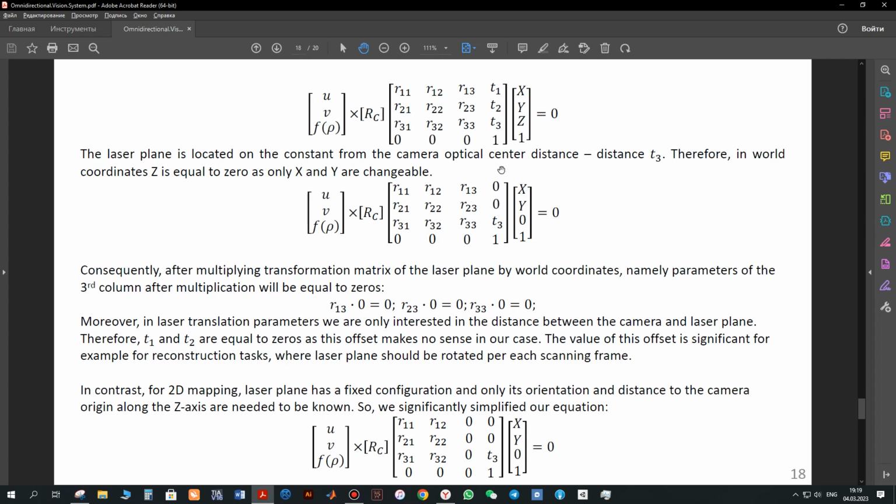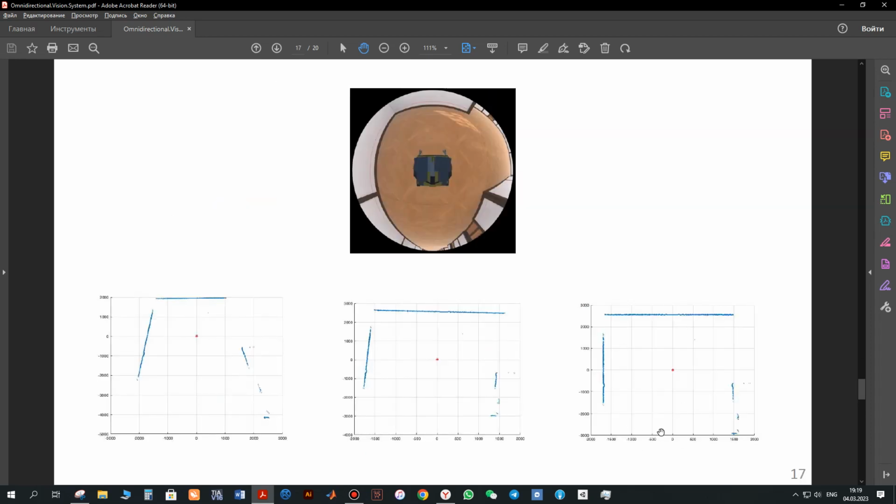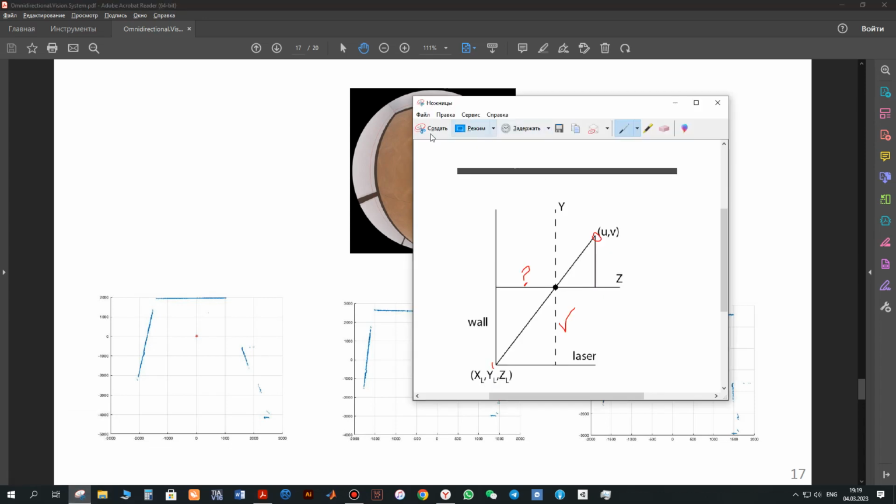We are not interested in T1, T2, so these two are zeros. So now if we try to make a multiplication of these parameters, also y here is 0 because the distance between camera and laser is constant. So when we work with the 3D world, these coordinates to the obstacles change only in the x and y direction.